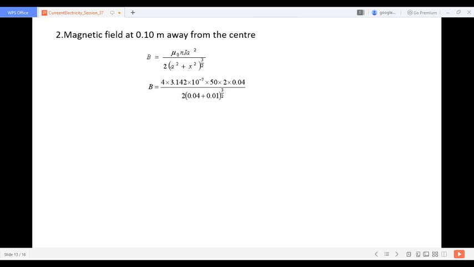Substituting the values, 4 into 3.142 into 10 raised to minus 7 into 50 into 2 into 0.04 divided by 2 into (0.04 plus 0.01) raised to 3 by 2. Calculating, we get 2248.3 into 10 raised to minus 7 Tesla. Same can be expressed as 2.2483 into 10 raised to minus 4 Tesla.